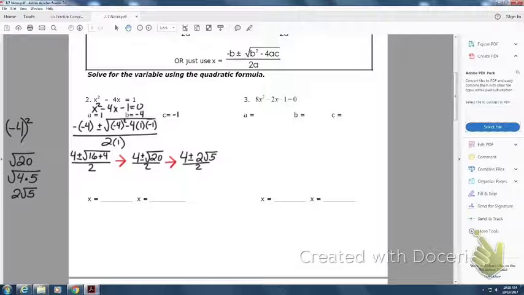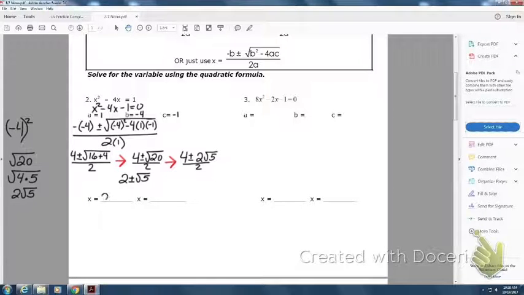After this, if you can simplify this, which by simplify means you have to be able to divide that and that. Can I divide 4 by 2? Yes. Can I divide 2 by 2? Yes. Okay. 4 divided by 2 is what? 2 divided by 2 is what? So I can simplify it all the way down to there.